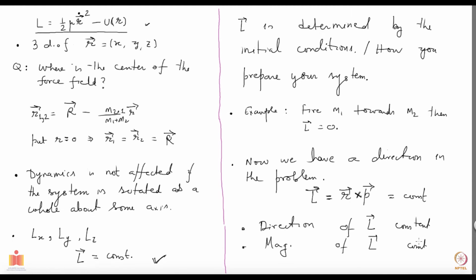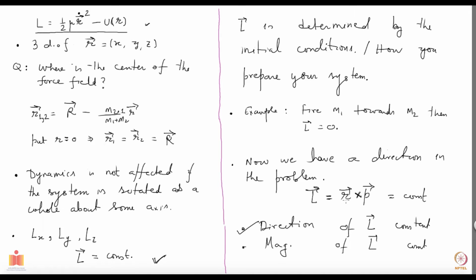Okay, so let's see what we can say from the fact that the direction is constant. Because this is a cross product, you know that L is perpendicular to R, or R is perpendicular to L, either way, which means the particle of mass mu is moving in a plane that is perpendicular to L, right?